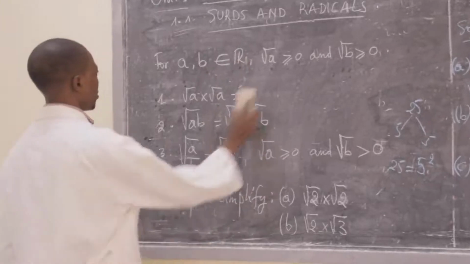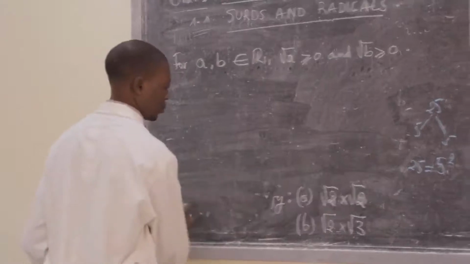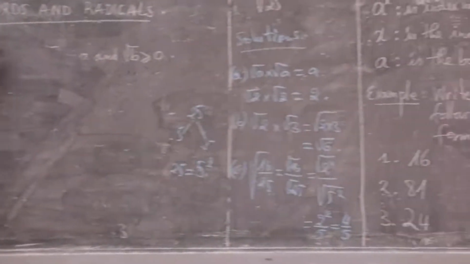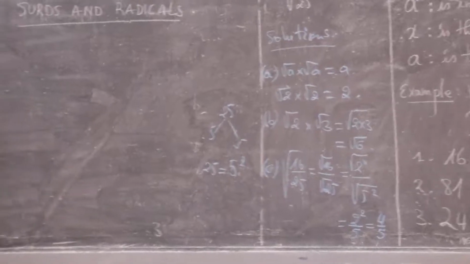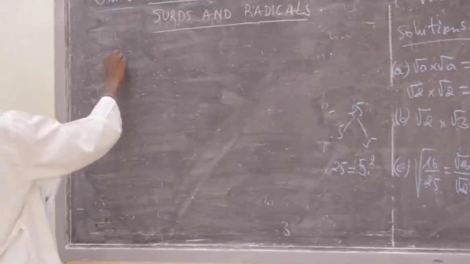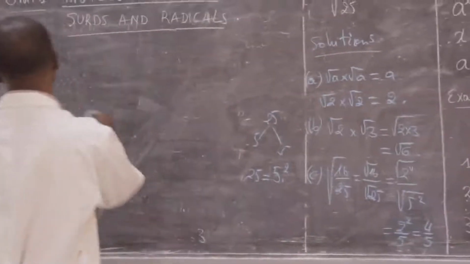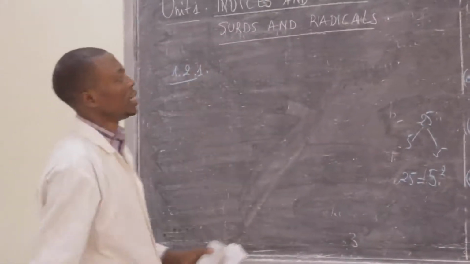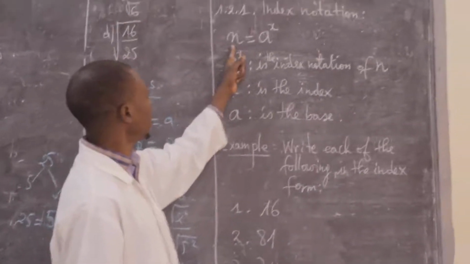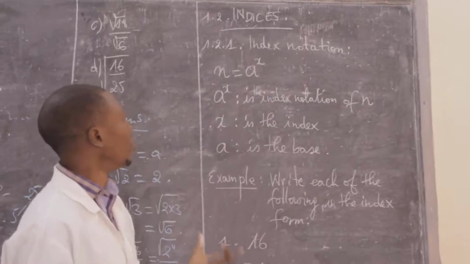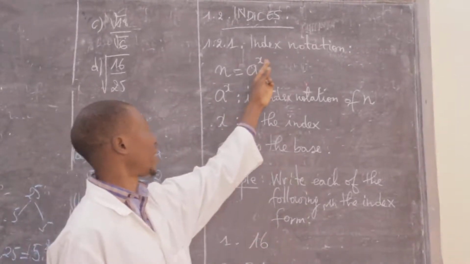Indices and sums. Okay, we are here for index notation. As you see, once you have n, it is a number, but it can be expressed as a power x.